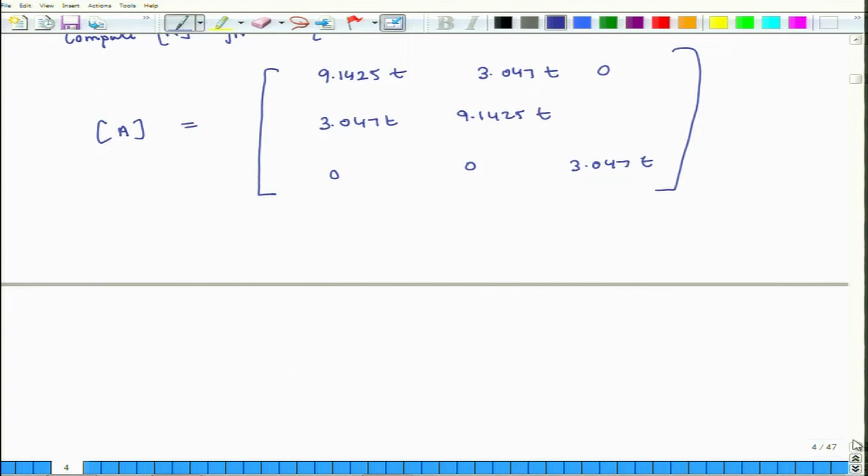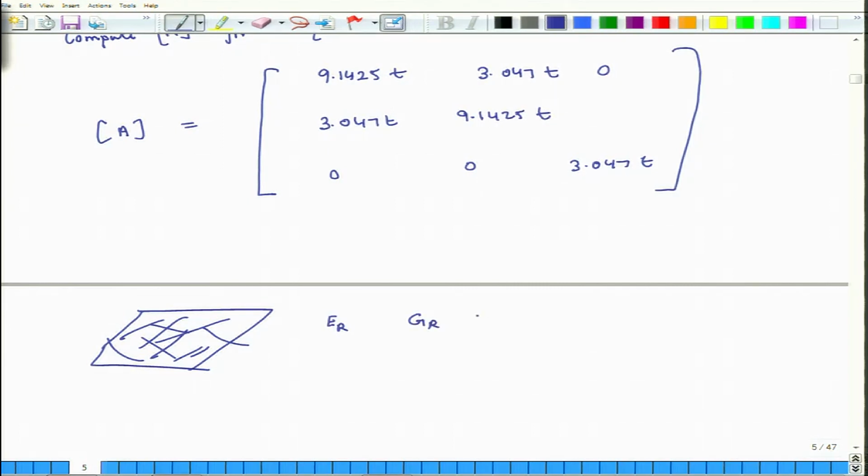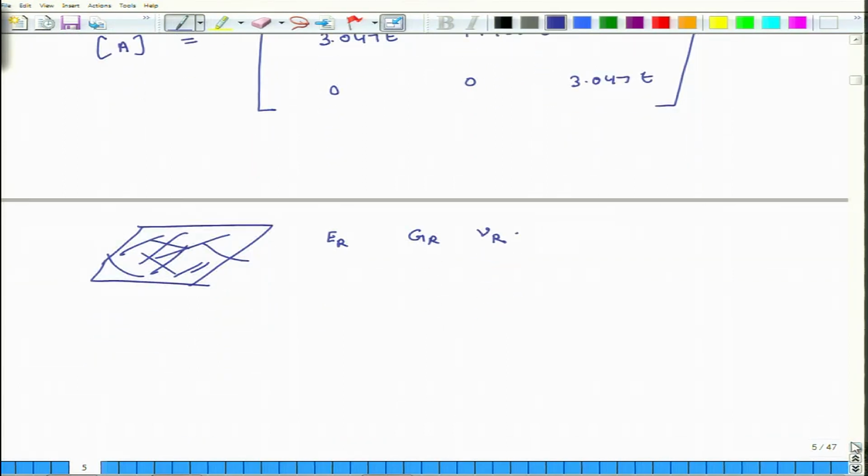Now, consider another situation where we have a randomly placed fiber, random. In this case, it will have three important material properties: ER, GR and nu R. And because this is also isotropic in the plane, what will the A matrix for this randomly oriented thing be?